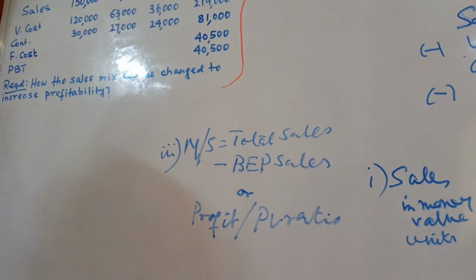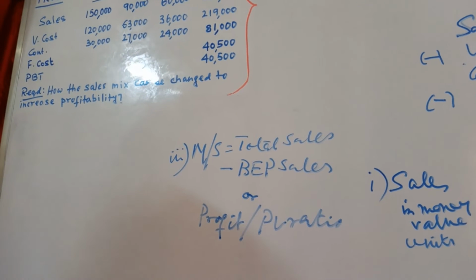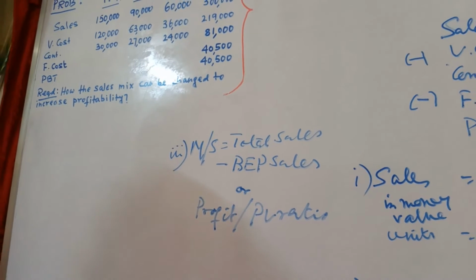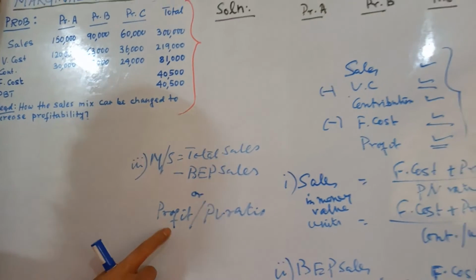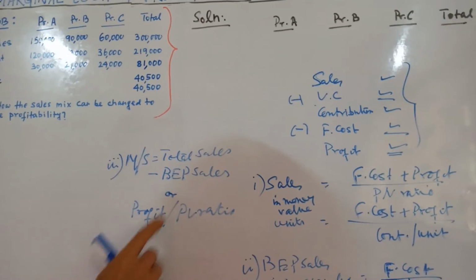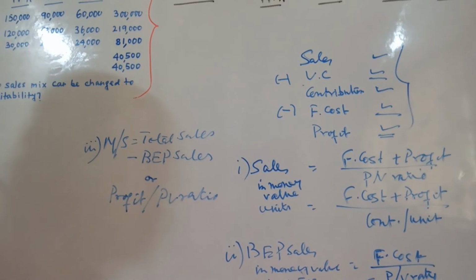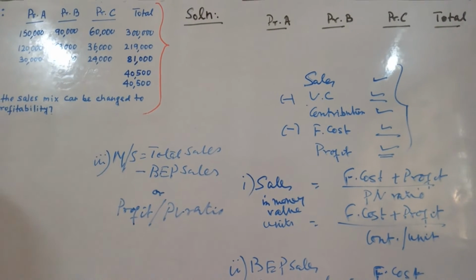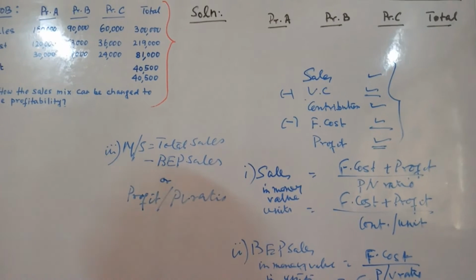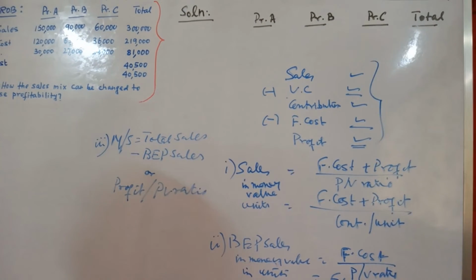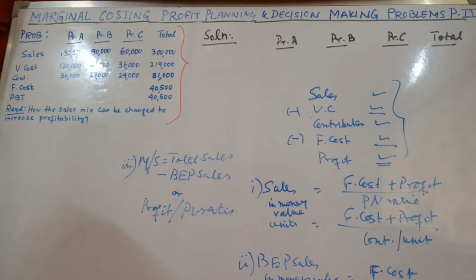Correct? So margin of safety is equal to total sales minus break-even sales, or you can directly apply total profit divided by PV ratio. So these formulae will be used to solve any and every problem on marginal costing.